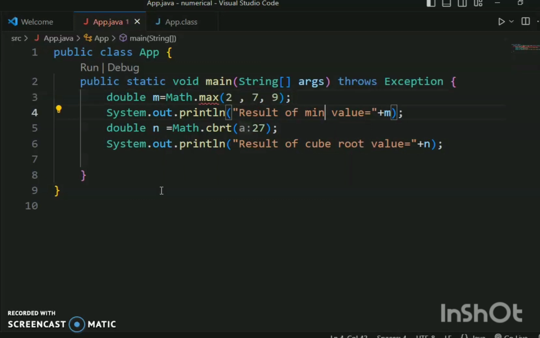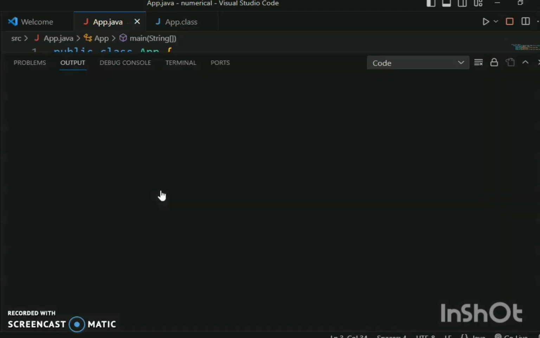Max value takes 2 given arguments, not 1, so it is not possible with 7, it is only for 2 given arguments. Yeah, so what is my answer?